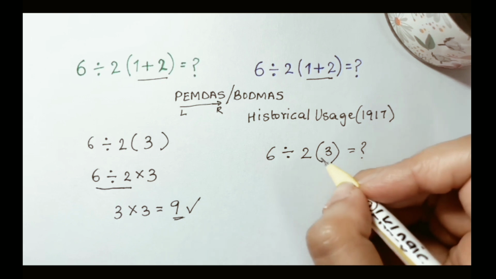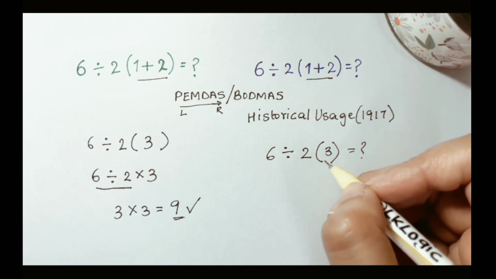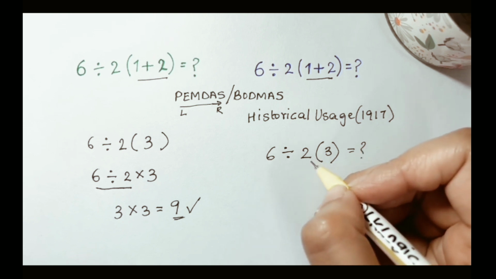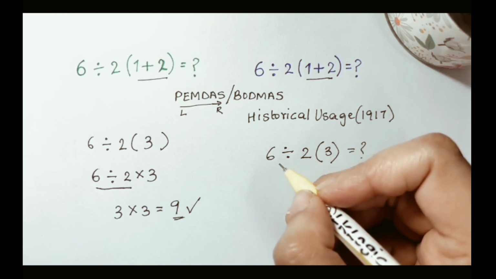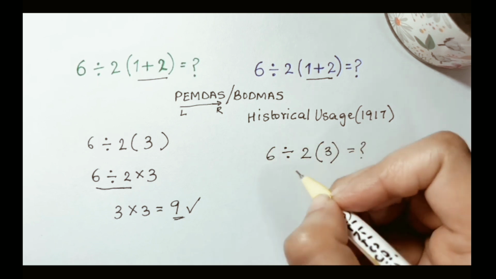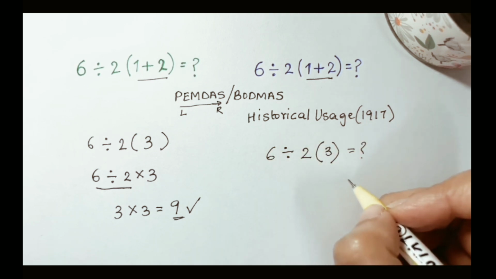Well, there were textbooks, a lot of usage, that if you had something on the left divided by something on the right, this was understood to mean that you want to divide the entire product on the left by the entire product on the right. That's a special rule.